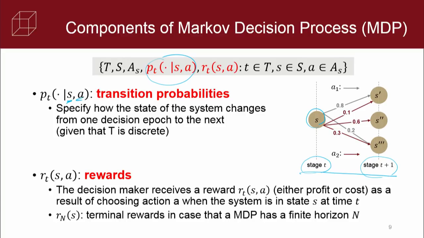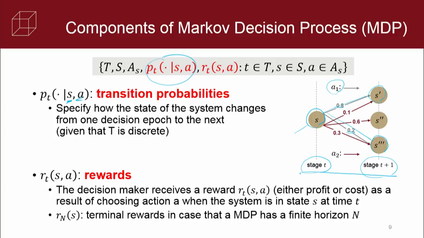So for example, if the decision maker chooses A1 as an action given the current state S, the next state becomes S prime with the probability of 0.8, and S triple prime with the probability of 0.2.